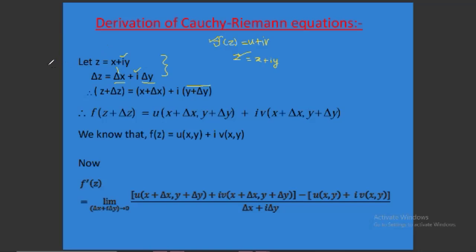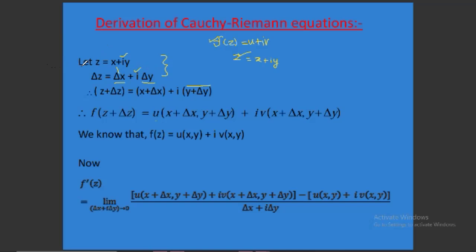Now we are going to write for f of z plus del z. So f of z plus del z is equal to how it should be? u of x plus del x comma y plus del y plus i into v of x plus del x comma y plus del y.